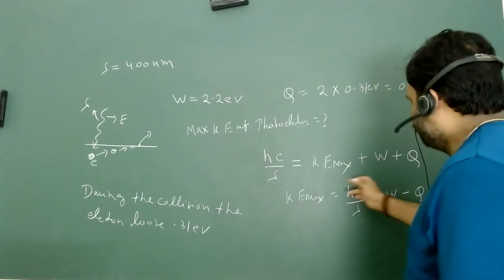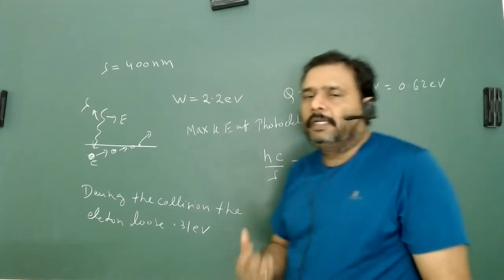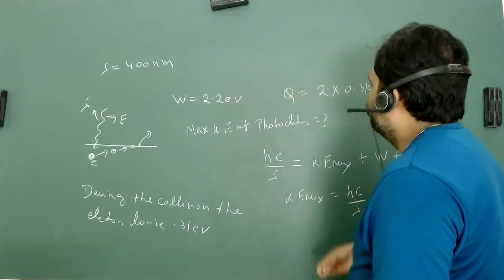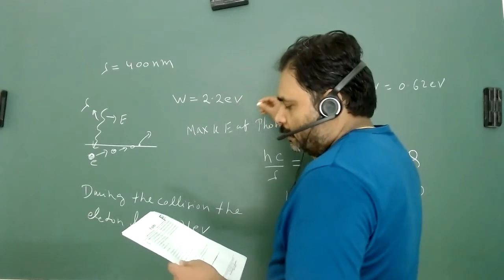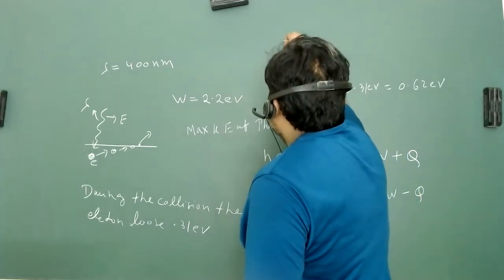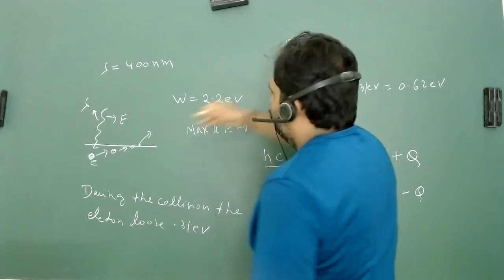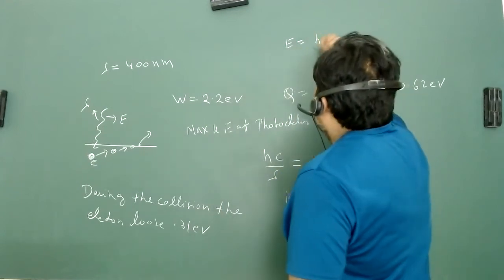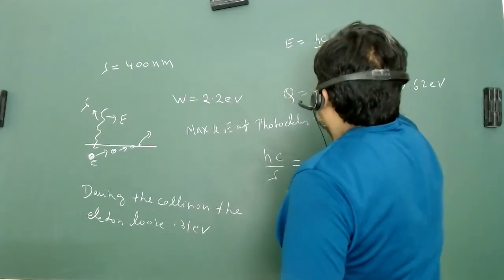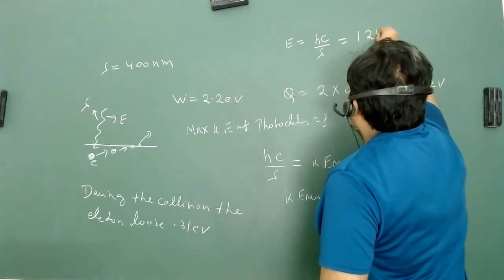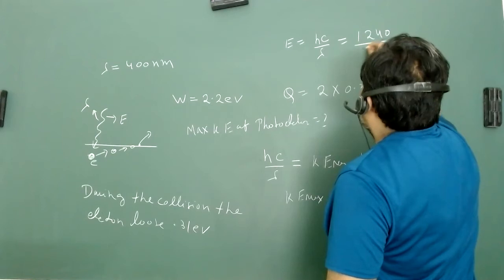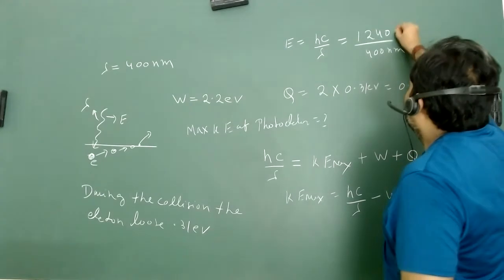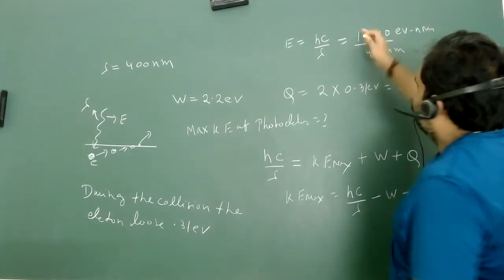So that will be 0.62 electron volt. Now this is the incoming energy, the total energy of the electron due to absorbing the photon. So we have to calculate hc upon lambda. The energy E of the photon, which will be absorbed by the electron, is basically hc upon lambda. We can put in the value 1240 electron volt nanometer, and lambda is 400 nanometer. We have seen this in the last class.